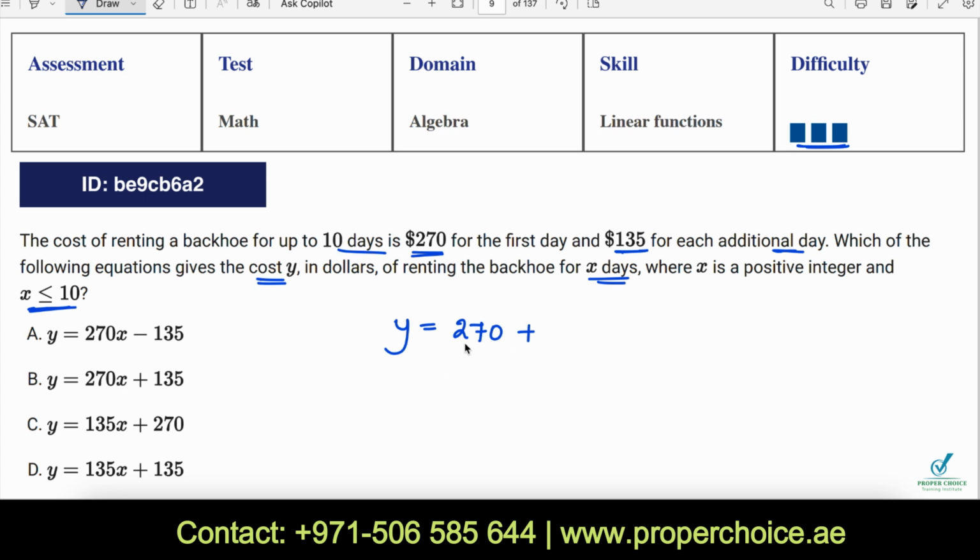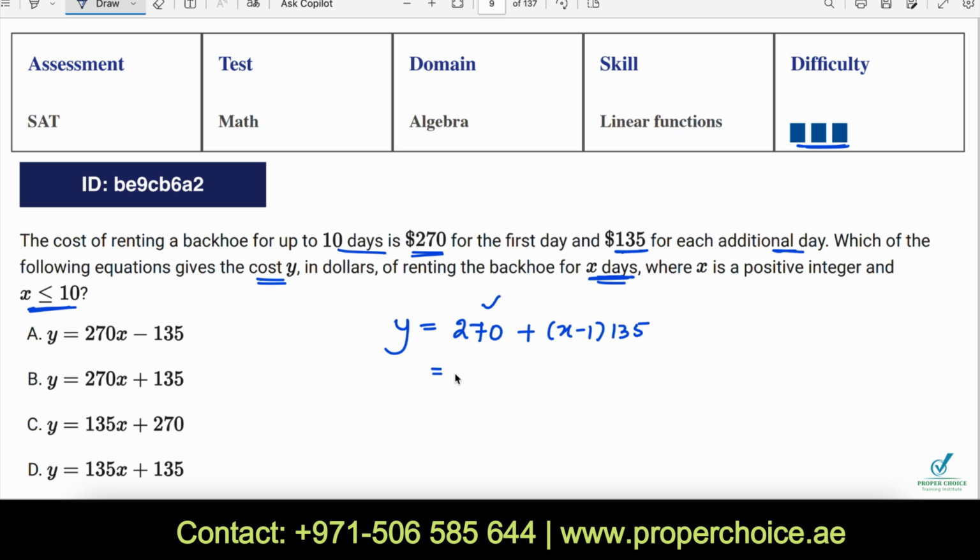Out of those 8 days, 1 day's cost has already been counted here, plus you have to put 7 multiplied by 135, like that. But as they are telling us a person is renting for x number of days, out of that x number of days the first day's cost is already included, so the number of days left will be x minus 1, and this value is multiplied by 135. That is the cost for the remaining days.